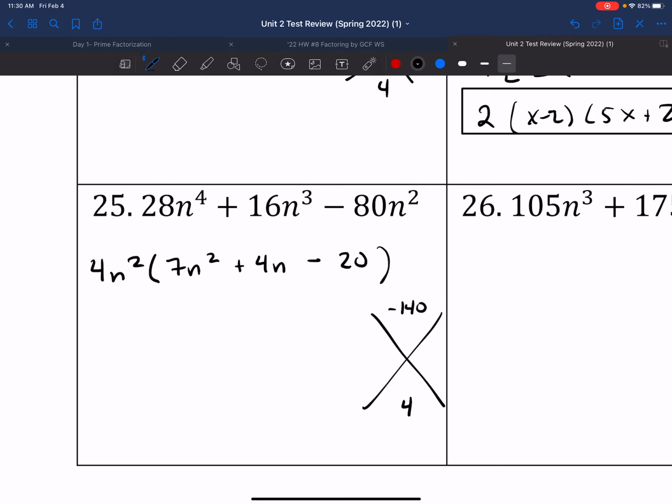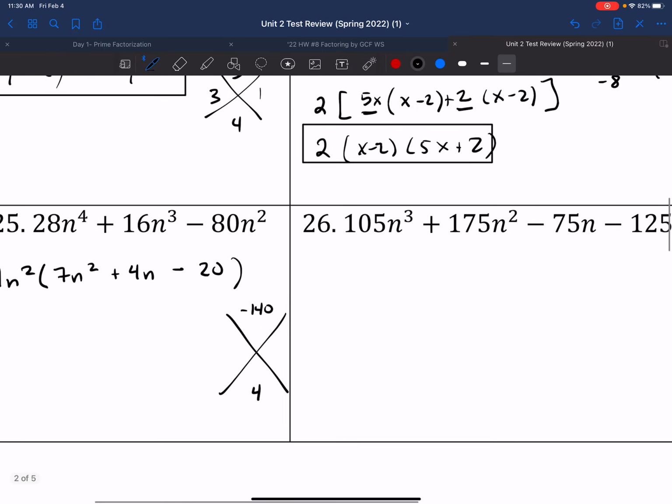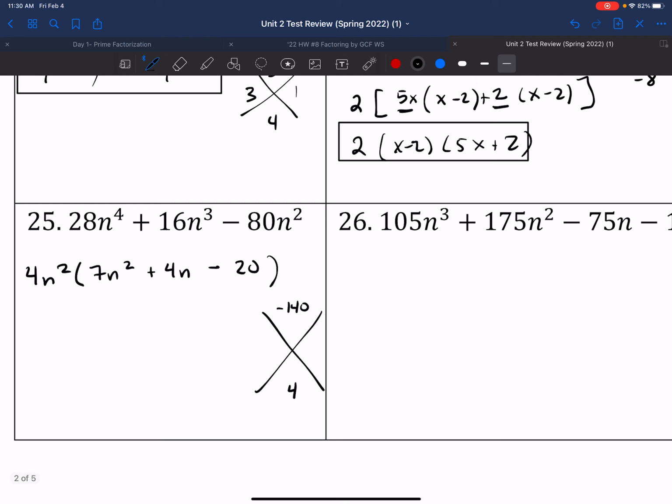I might have to skip this problem for now, because I can't think of something here.